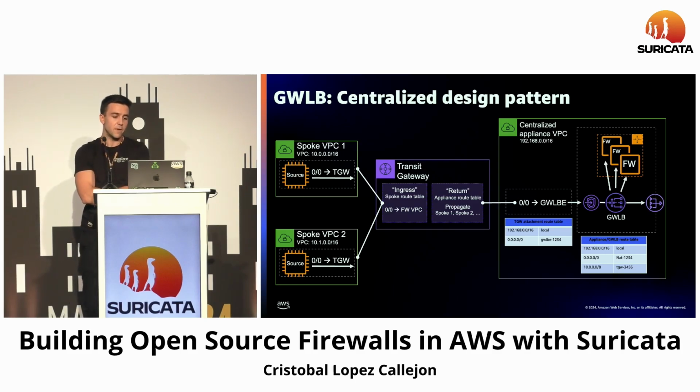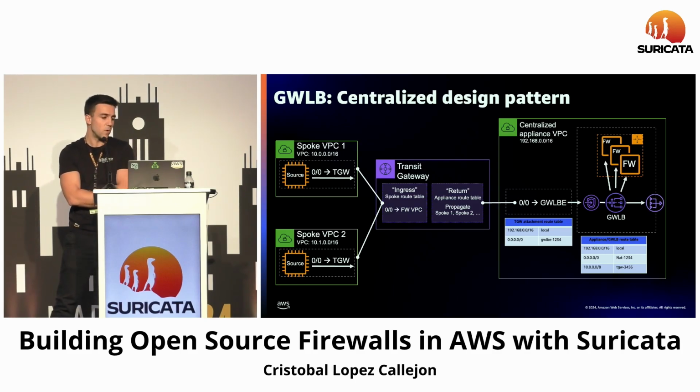This way, we can achieve at the same time both east-west traffic inspection and north-south traffic inspection, and this scales to the number of virtual private clouds that we want to add. So this is a solution that we see large enterprises use, as it provides them with the scale necessary to be deploying inspection on AWS.